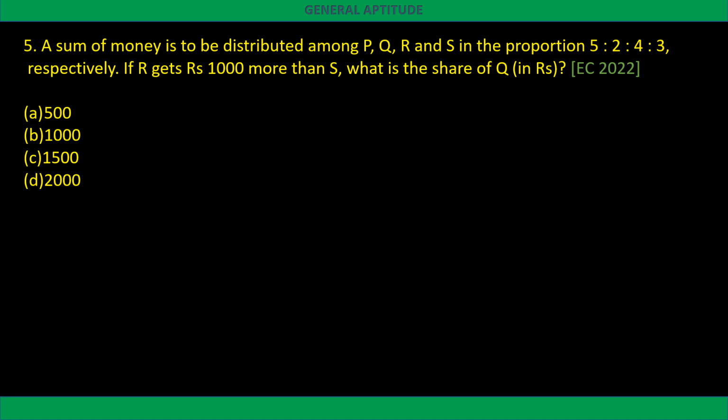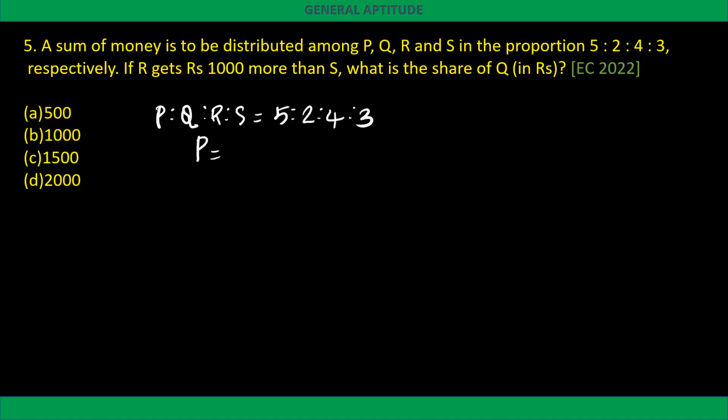Next question. A sum of money is to be distributed among P, Q, R and S in the proportion 5:2:4:3 respectively. If R gets rupees 1000 more than S, what is the share of Q? It is said that the ratio P is to Q is to R is to S is 5:2:4:3.